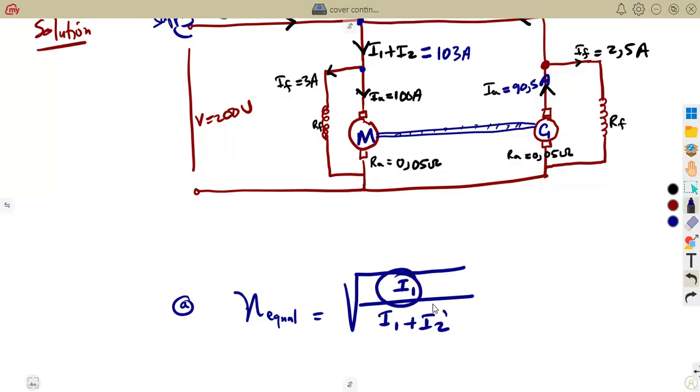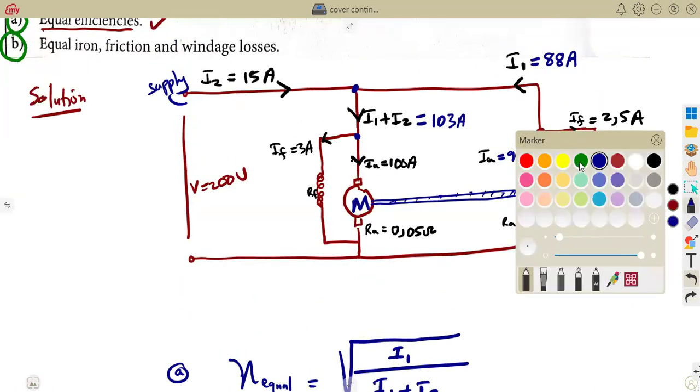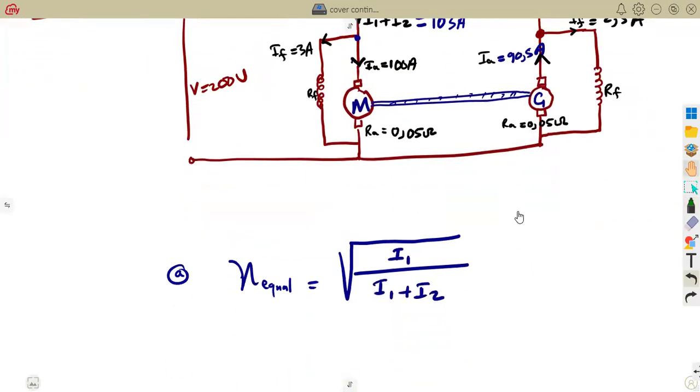I1 plus I2, remember I mentioned this before, is the motor's load current. I1 is the generator's load current, just like that. So that is what you need.